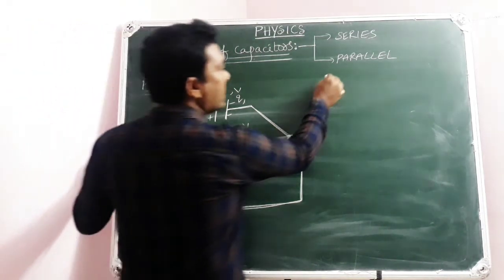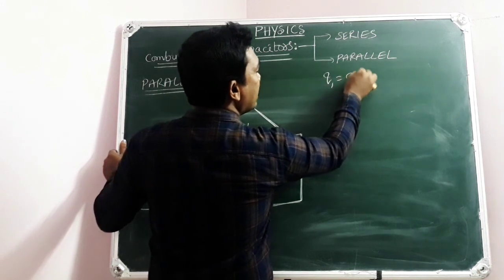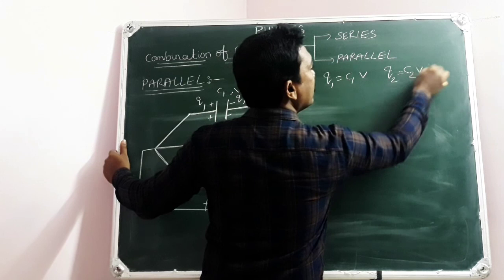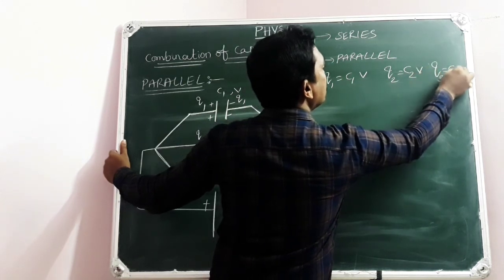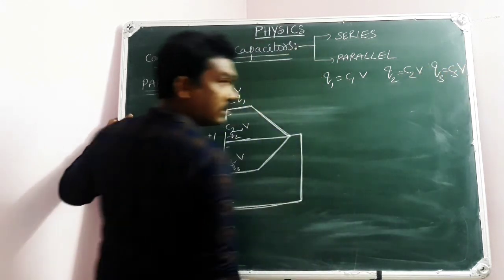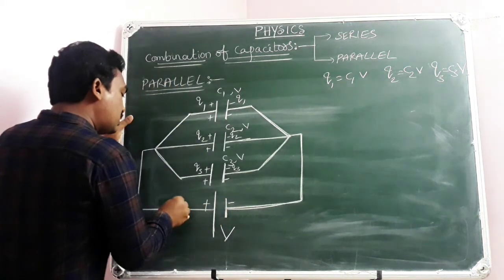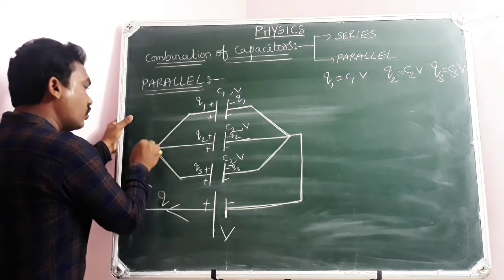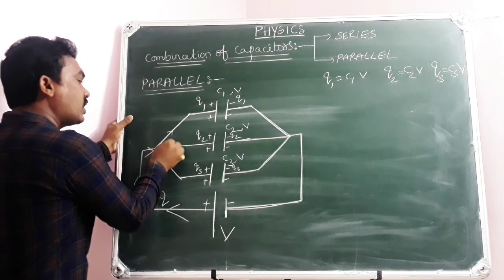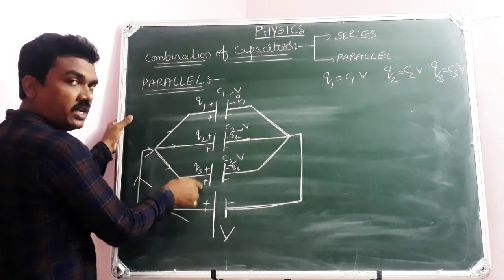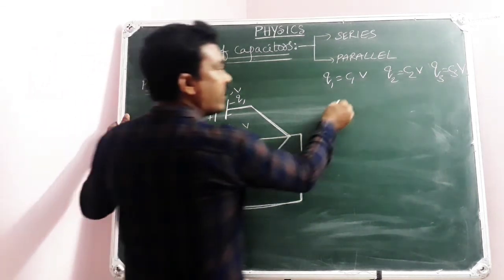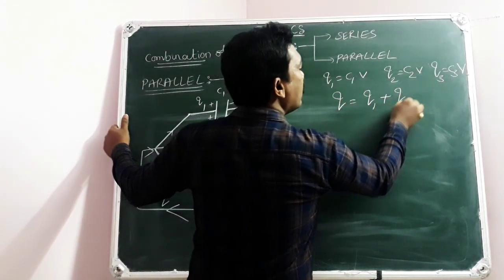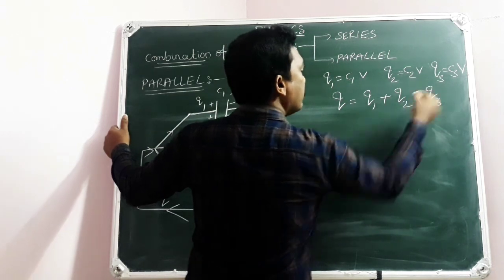So I can write here Q1 equal to C1 into V, Q2 equal to C2 into V, Q3 equal to C3 into V. But here the total charge that is drawn from the terminal of the battery is Q, which will be distributed as Q1, Q2 and Q3 to the metal plates. So I can write the total charge drawn from the battery, Q equal to Q1 plus Q2 plus Q3.